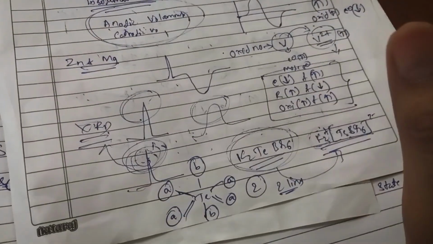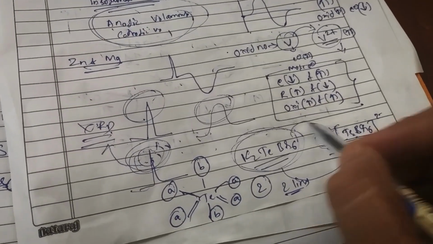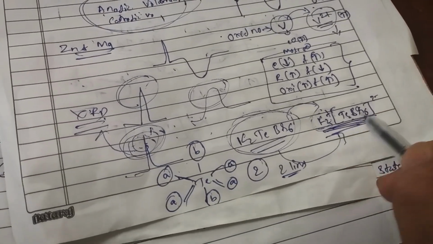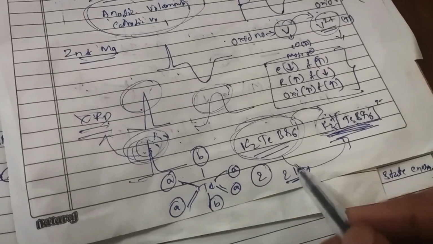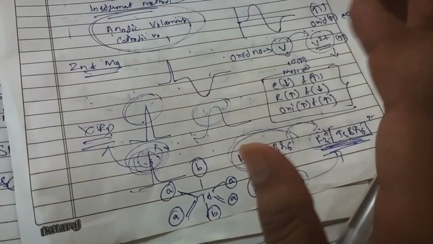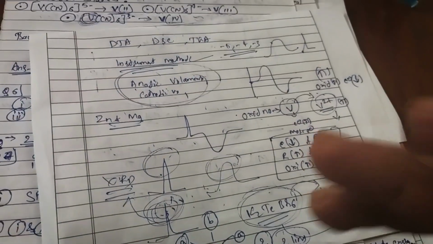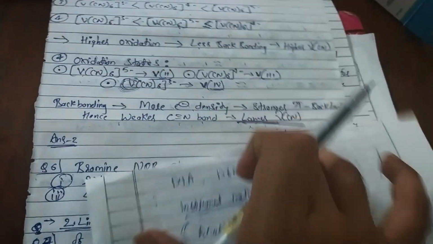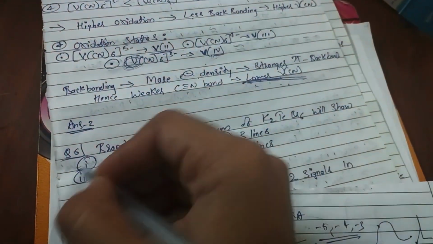That's all. If they give any type of molecule, write it like this and solve it, and you will get the answer. The answers will be simple, but they will try to confuse you. So the answer is two lines.